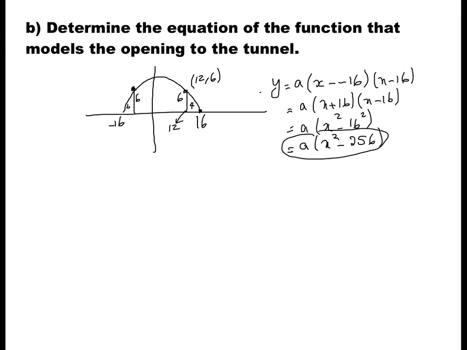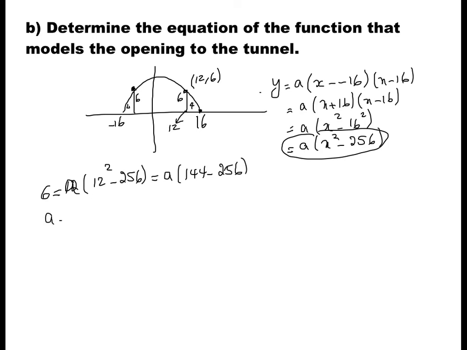So I'm going to say 6 is equal to a times x squared minus 256, where x is 12, so 12 squared minus 256, which is going to be a times 144 minus 256.